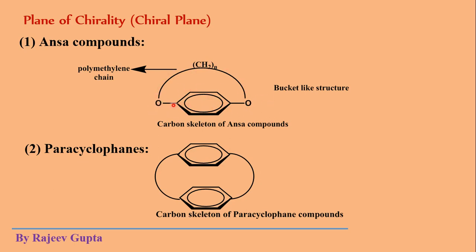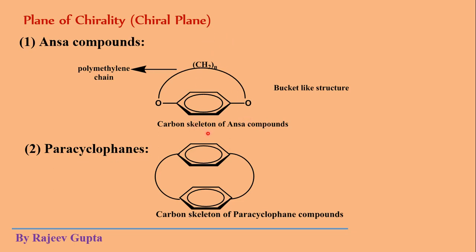Both oxygen atoms and these 6 carbon atoms are present in a single plane, and this polymethylene chain is perpendicular to this plane. So it's bucket-like, we can hold it here. Imagine the lower part is a bucket, and the upper part is a holding handle.